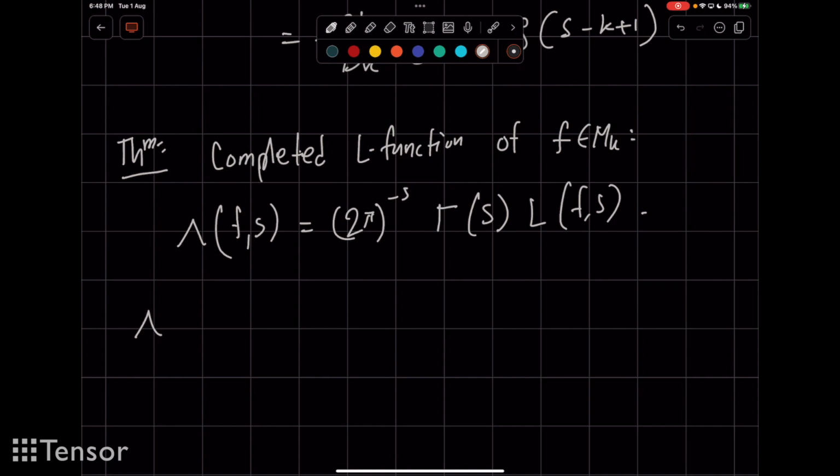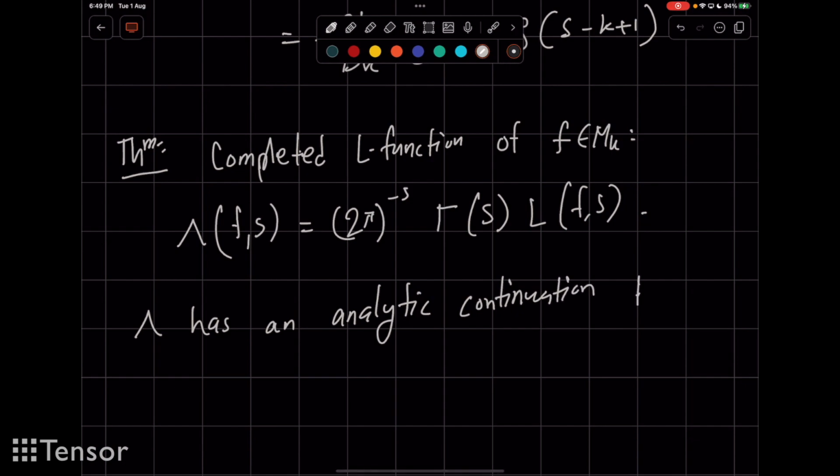So the theorem states that this has an analytic continuation to the whole of C, except, can you guess where the analytic continuation fails?